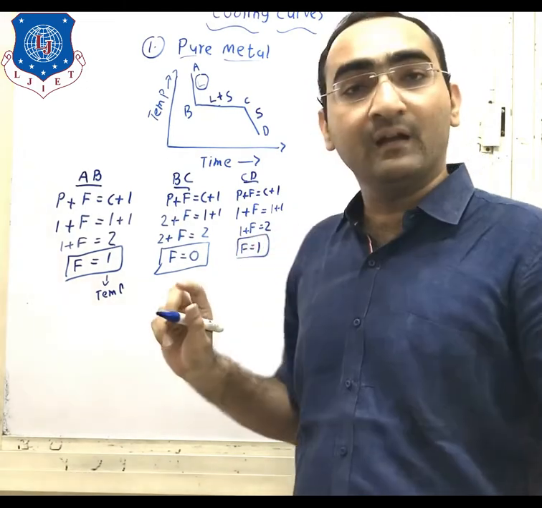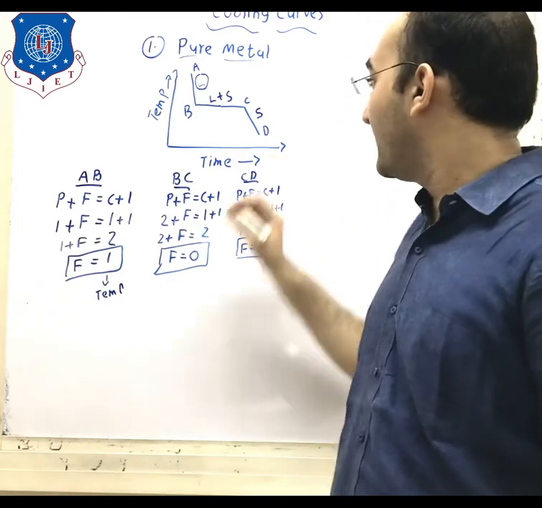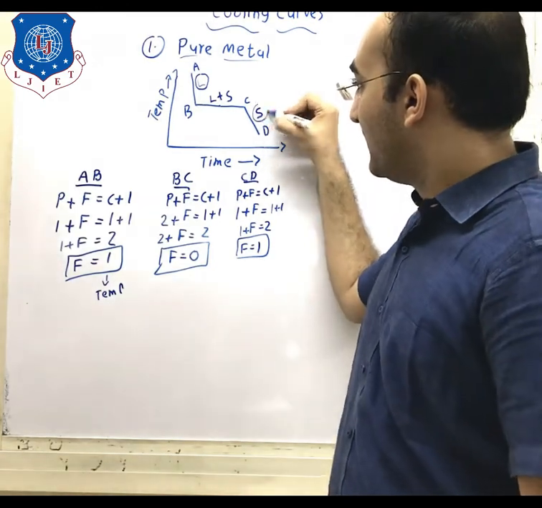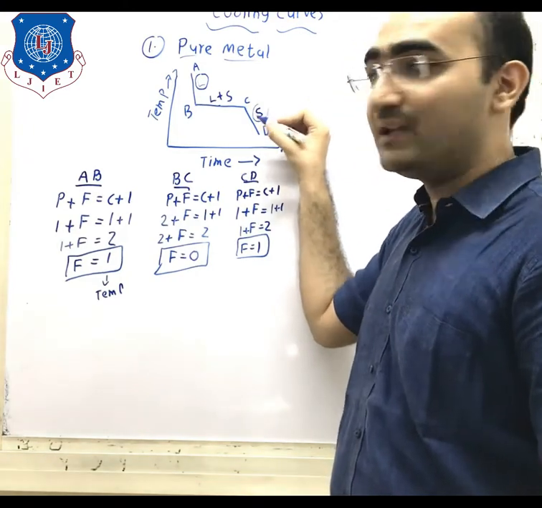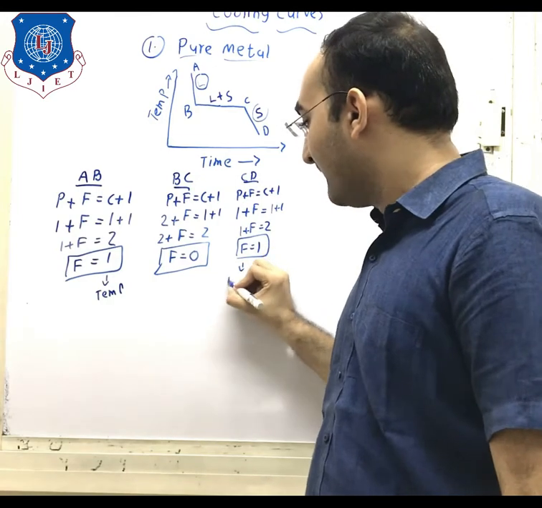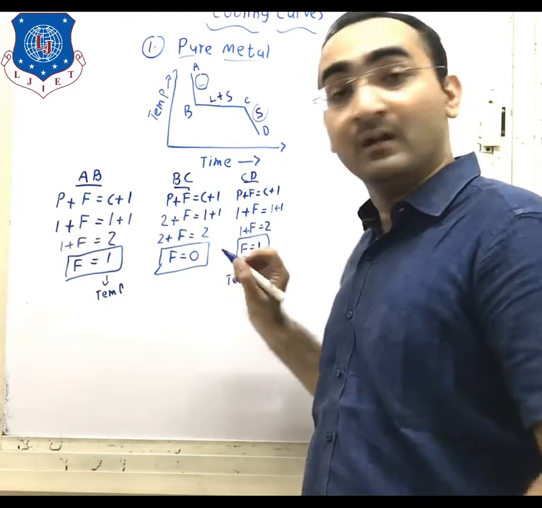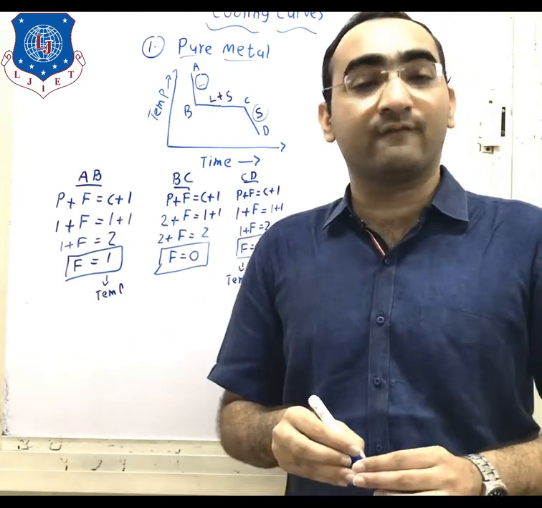What does it indicate? One variable is such that by changing it your phase will not change. So over here you can see solid. During C to D, the solid phase will remain as it is if you increase or decrease the temperature in this region. So once again, temperature is such a variable that increasing or decreasing it will not affect our phase.